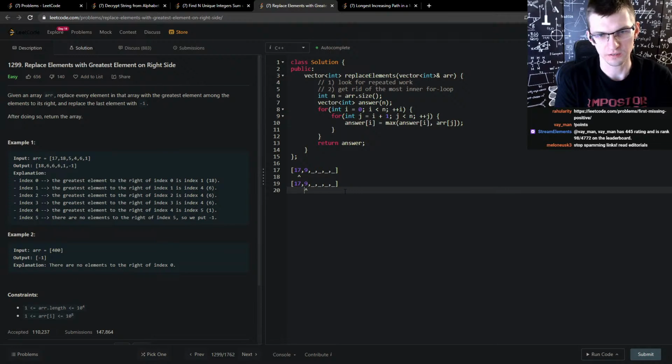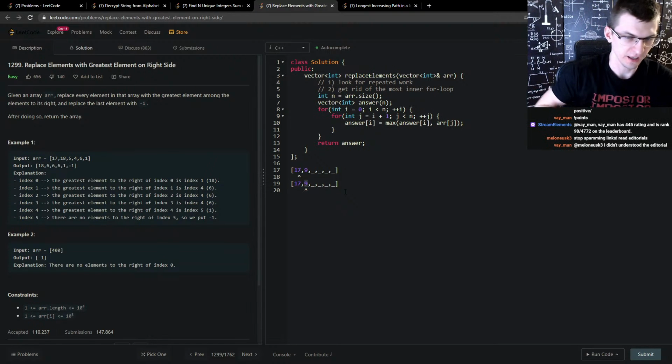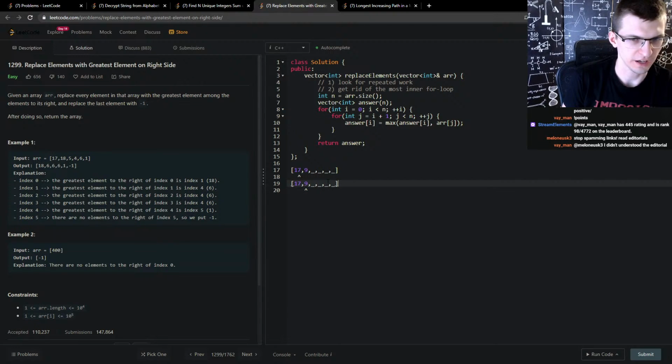If I tell you that the maximum in this suffix, the answer for this position, is 8, then in constant time you know the maximum from 17 to the right. That's eliminating the repeated work. I want to only once go through those elements.